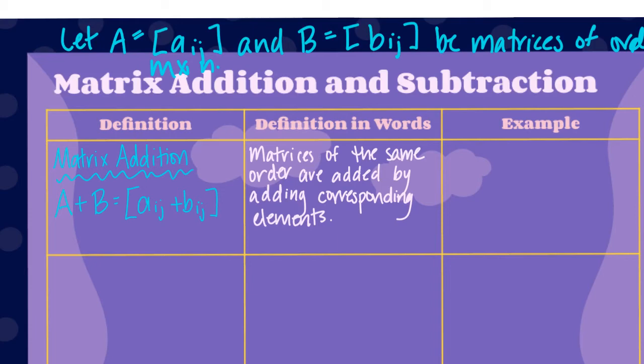Let's say we have a matrix 1, negative 2, 3, 5, plus negative 1, 6, 0, 4. Notice how both of these matrices are of the order 2 by 2. They each have 2 columns and 2 rows, so we know that we can add them. So all that we need to do is add the corresponding elements in each matrix.